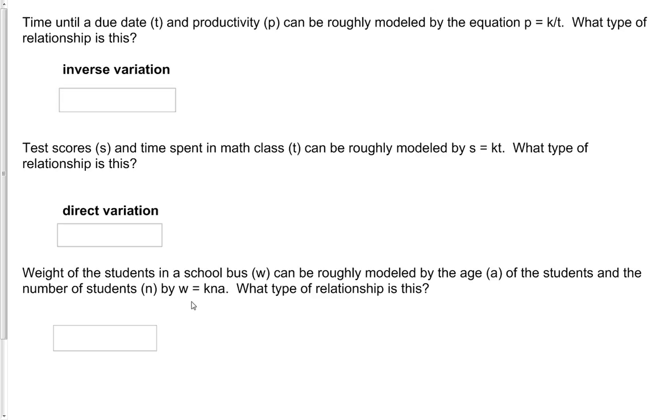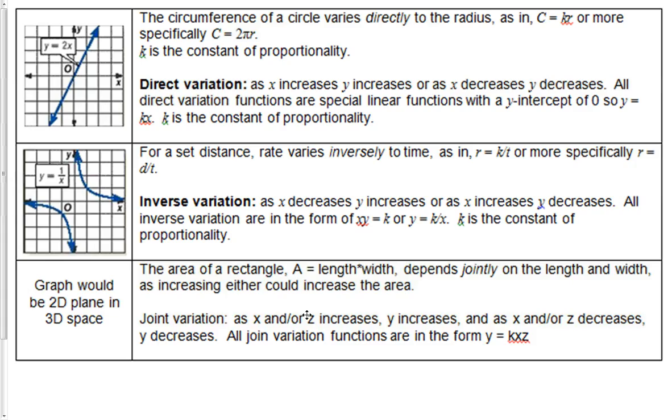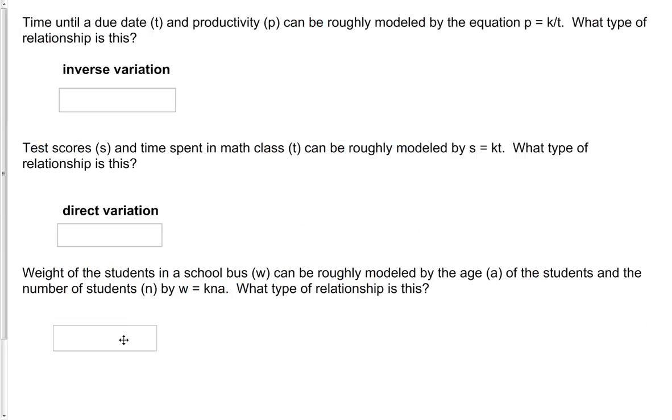So what type of relationship is this, where W equals k times N times A? Since we're dealing with more than two variables, and since both of them have a direct variation on the total weight of the students, we're looking at a joint variation here, this last one on the bottom. So this one will be a joint variation.